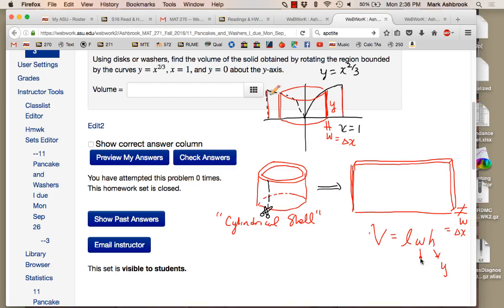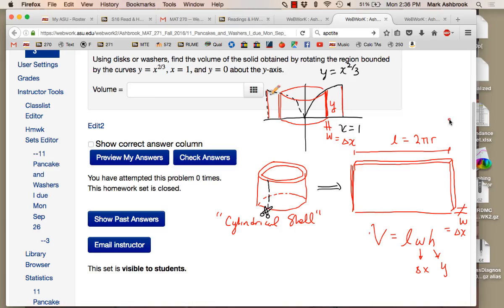Okay, so that's just delta x, and then finally the length is the long dimension. We'll call the length. And so what is the length? We go back to our shell. So the length, what is that distance around the shell? The distance around the shell, which is 2 pi r.